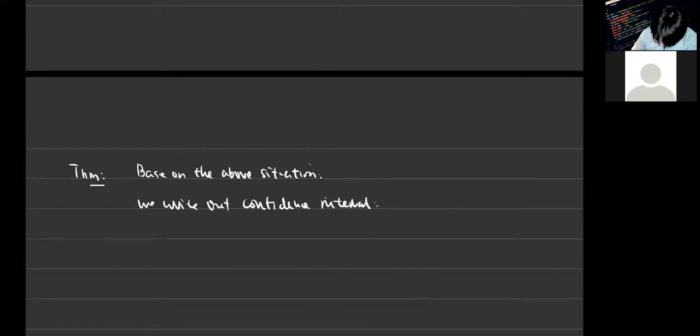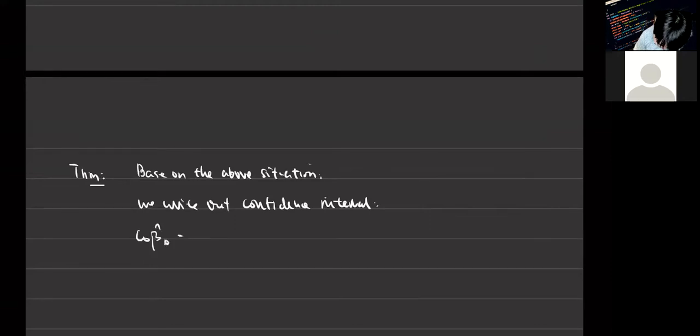Here, I'm just gonna save some time and say, based on the above situation, we can write out the confidence interval. And it's going to be this thing.